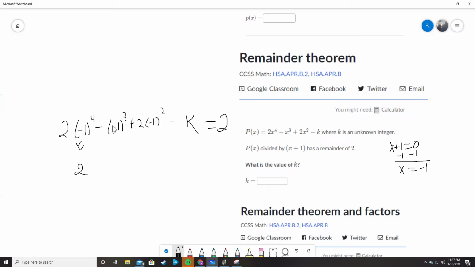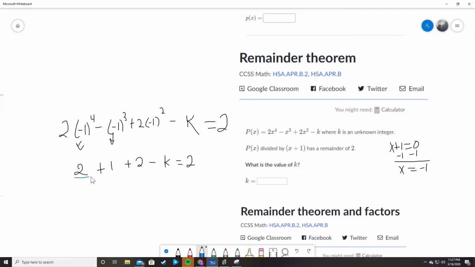But since we got minus negative 1, what we end up with here is a plus 1. Now for here, we got negative 1 to the 2nd. Same thing happens here. This will end up turning into a positive 1. Positive 1 times 2 is just 2. So we got 2. And then we got minus k. That all equals 2.